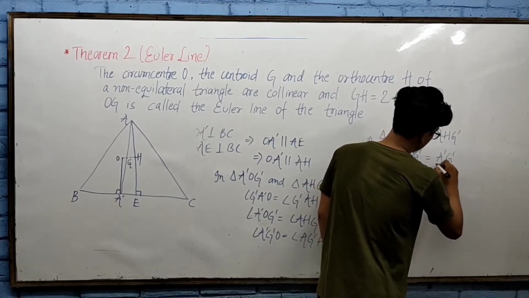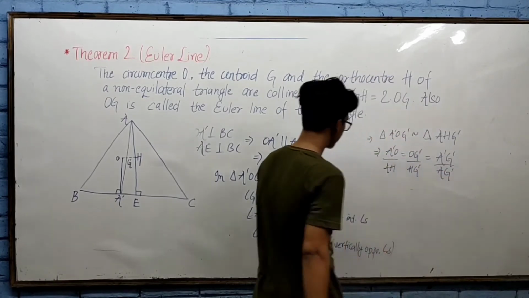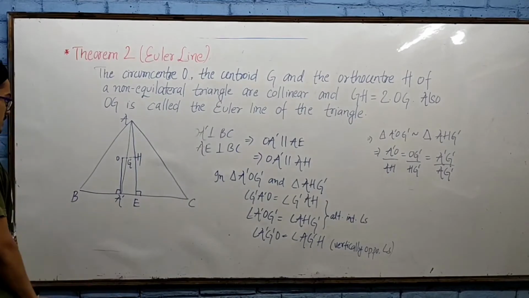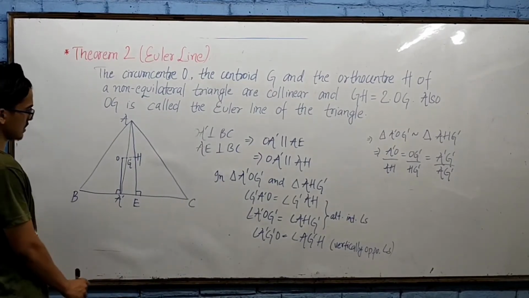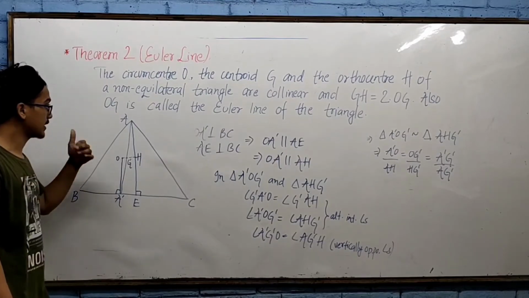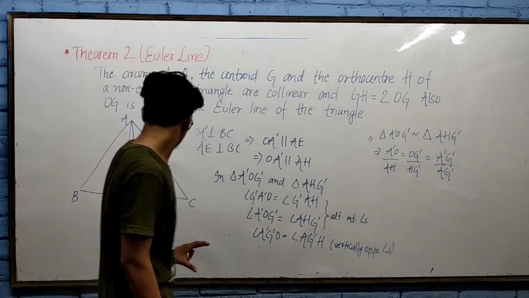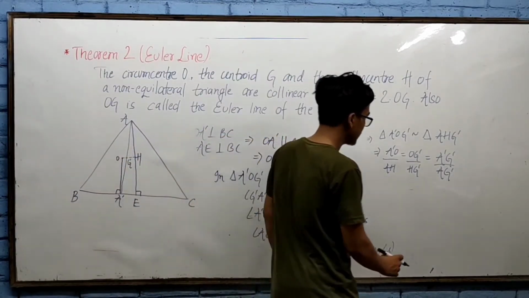equals A dash G dash by AG dash. And using the previous theorem, part 2 of theorem number 1, AH equals 2 into OA dash.